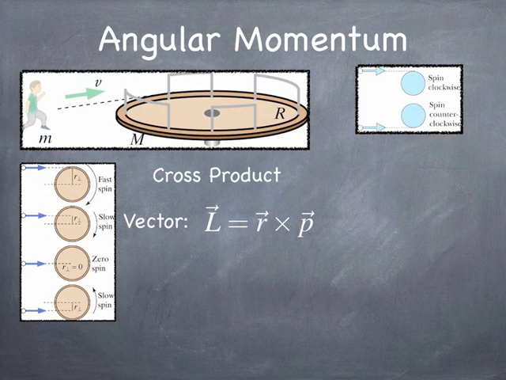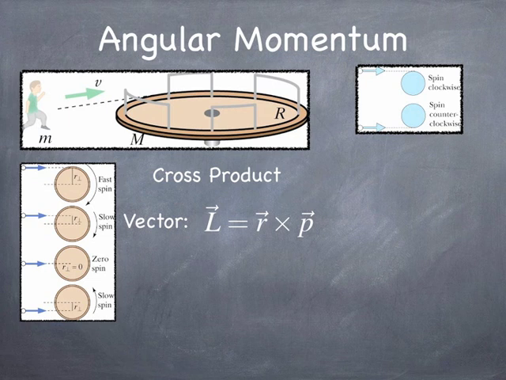The r vector is the vector that goes from the origin of the coordinate system that we're using to compute the angular momentum to the current position of the object, the boy in this case. The momentum vector is the plain old momentum vector we've been using all along. But the cross product is a vector that's actually perpendicular to r and perpendicular to p.